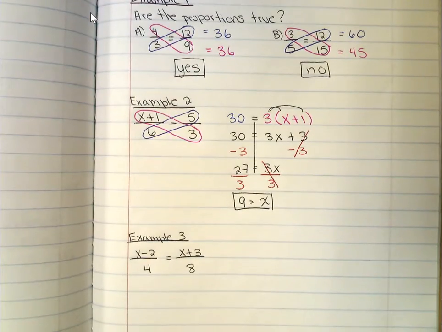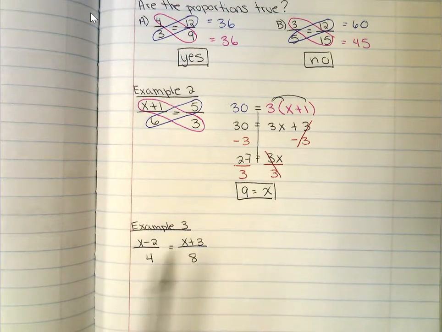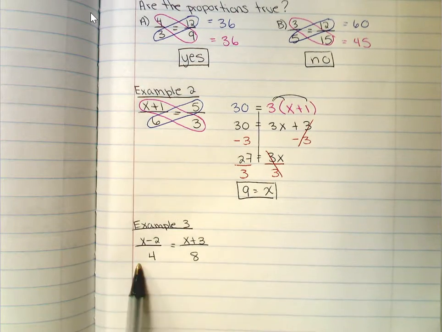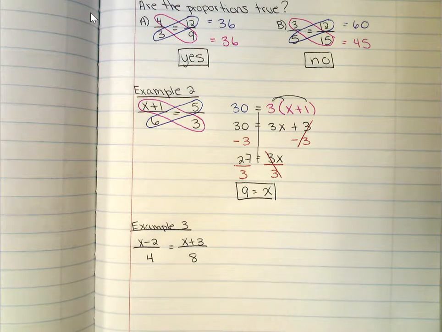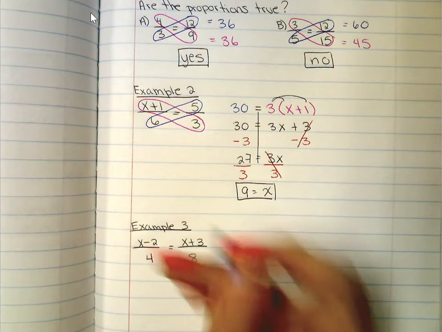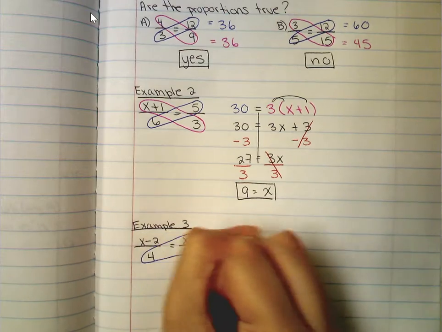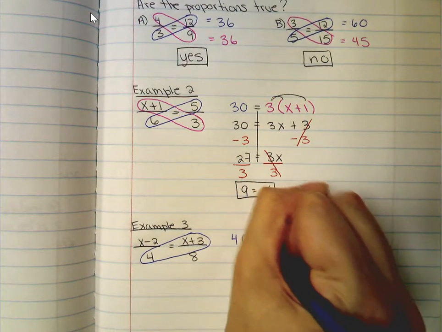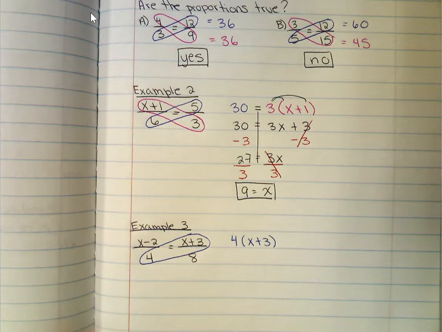There's another example where now I have more than one term as a numerator on both sides. But the first step is the same. I have to multiply the diagonals. So first this diagonal, that's 4 times (x plus 3). It has to be equal to your second diagonal.